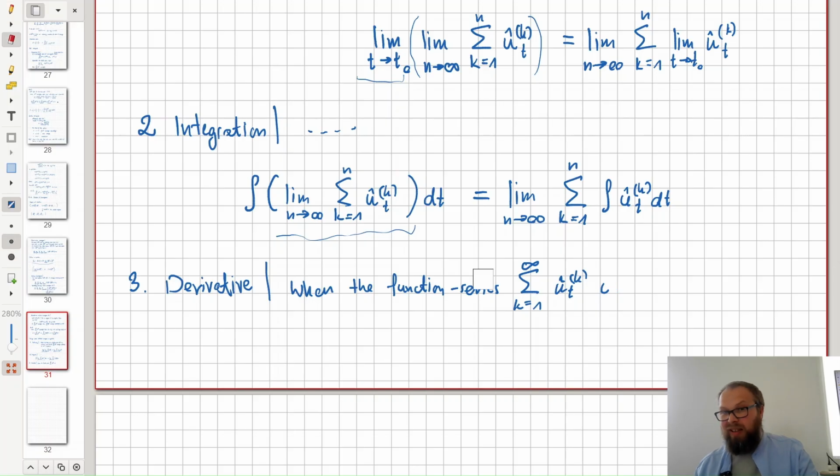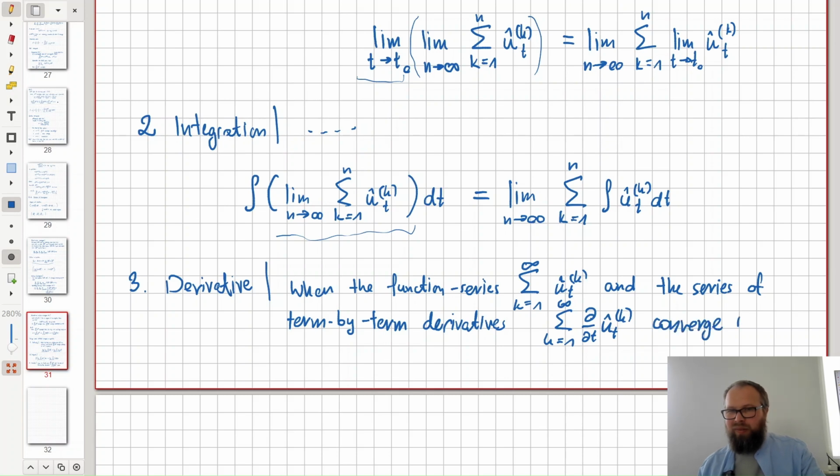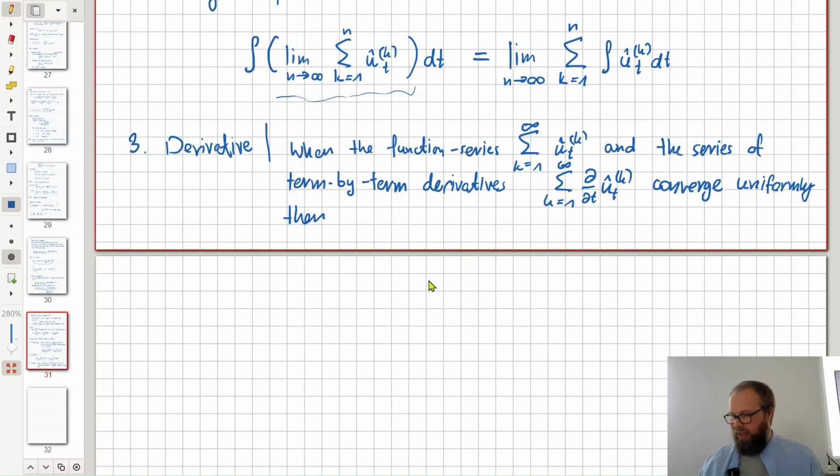Okay, when this series and the series of term by term derivatives, the sum k=1 to infinity of the derivative, converge uniformly, then we have another constructive thing.